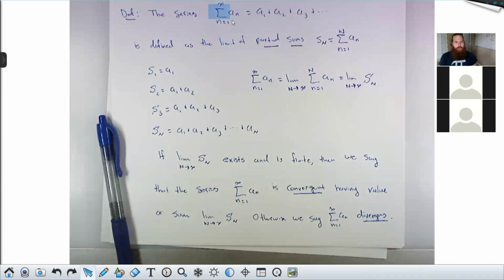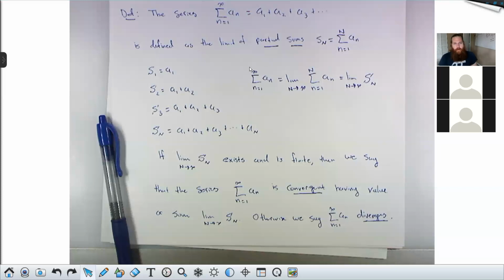the series is very much like a type 1 improper integral. Think of the integral from 1 to infinity of f of x as being the same thing as the sum from 1 to infinity of a_n. In other words, series are integrals of sequences. That's the nice way to think of it.